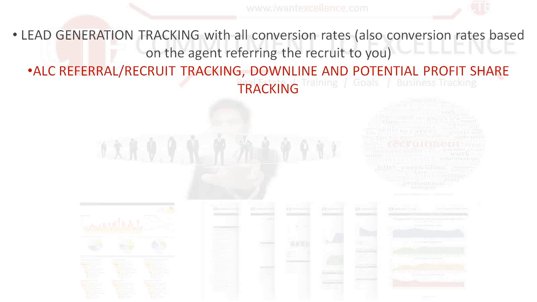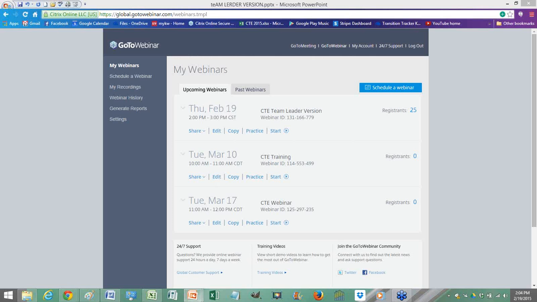It'll also show, based off of the level of the recruits they've given you, how much potential profit share they have in their pipeline. Each ALC member has a pipeline report as well, so they can see how many people they have in your pipeline, and what level they are at based off of your ranking, whether they're almost ready to come, at an 8, a 9, or a 10.